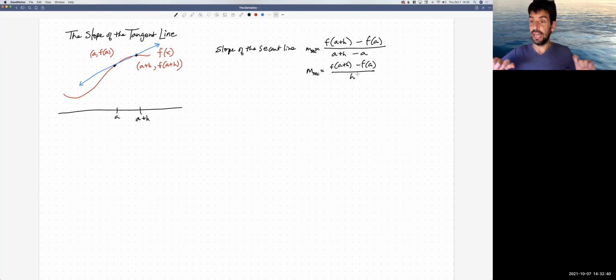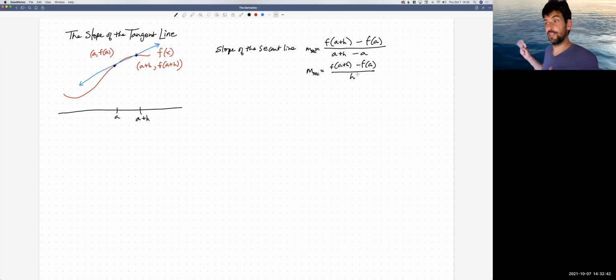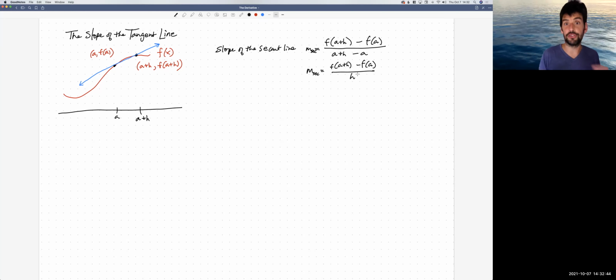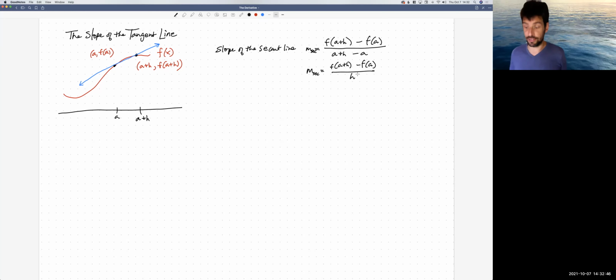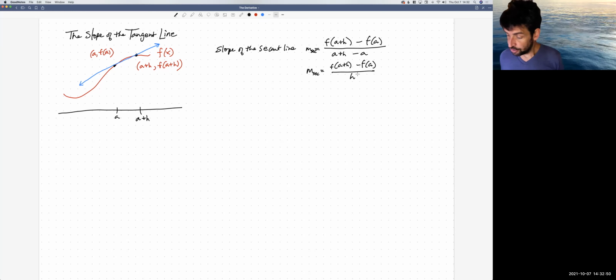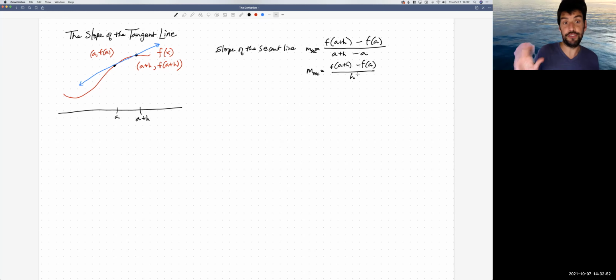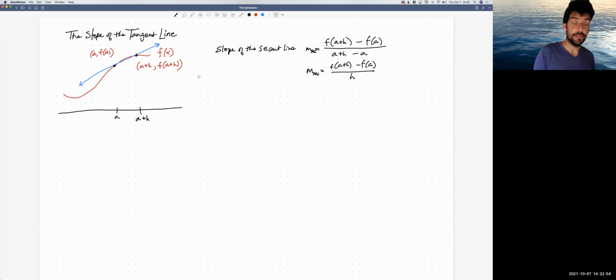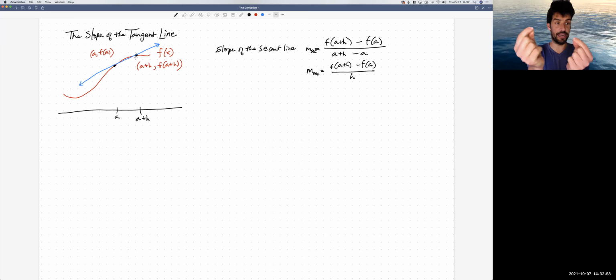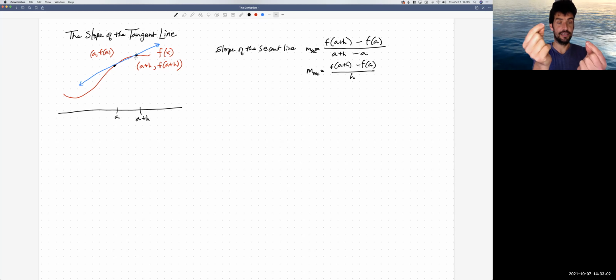And so we took a turn to say, let's figure out how to deal with this getting closer thing. And we came up with limits. And so here's what we can do now to finish this problem. We imagine making H small. And so in this picture, you imagine those 2 points, the point at A staying constant, not moving, H getting smaller, so the other point's getting closer and closer and closer.